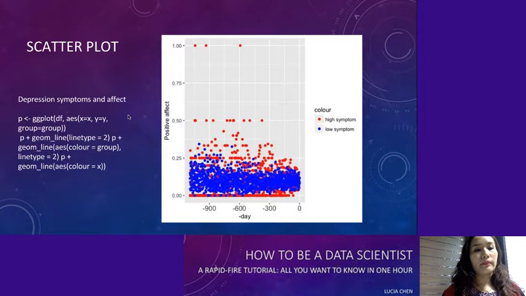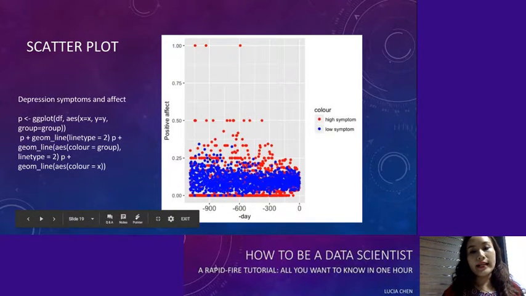Here I plot their sentiment. I did a sentiment analysis on their Weibo, and then I plotted their sentiment and the depression symptoms according to the date. Now 900 means 900 days, almost 3 years. The red one is a high symptom group, people with a high score, and the blue one is a low symptom group.